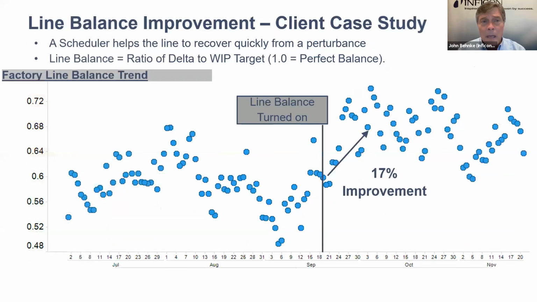This is a real world example of a client where we improved the linearity by 17%. That's a lot. That correlated to about a 13% improvement in factory capacity, or about a 25% reduction in cycle time at the same capacity. So again, it's a distributed effect that has tremendous improvement.